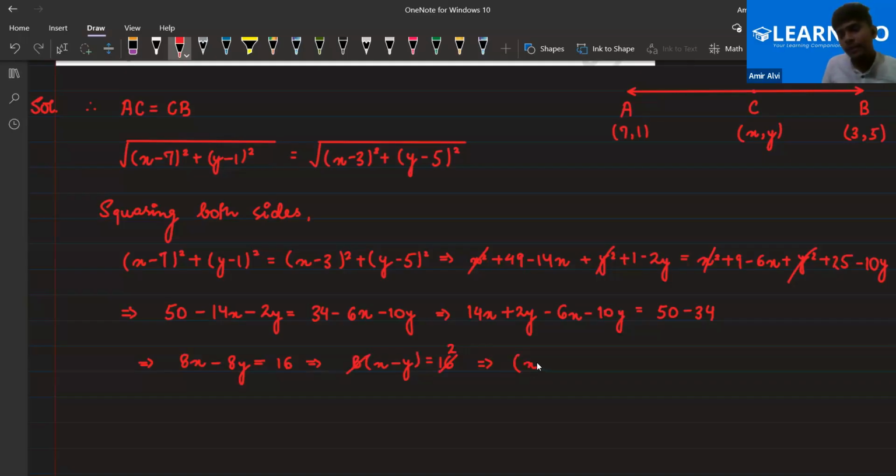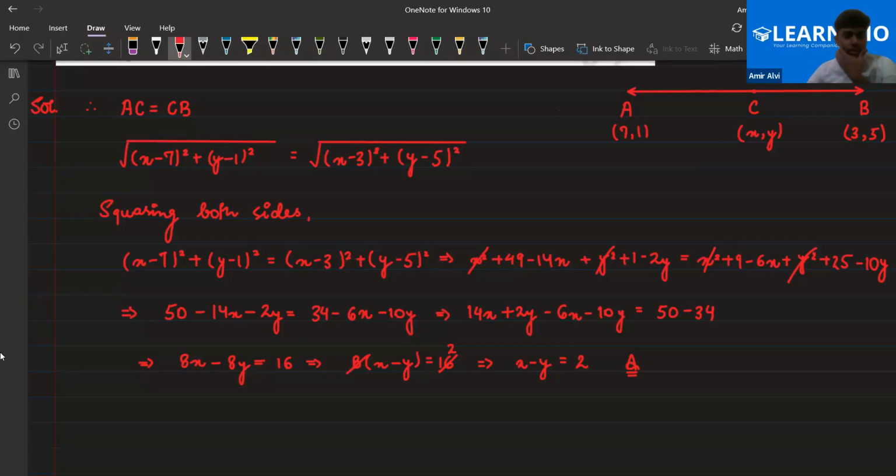So what you will have is x minus y is equal to 2. That is the relationship that is required. It says that we need to calculate the relationship between the 2 points in terms of x and y. Is that clear to you? Yes, sir. Any doubt so far? No, sir. Sure? Yes, sir. That's great.